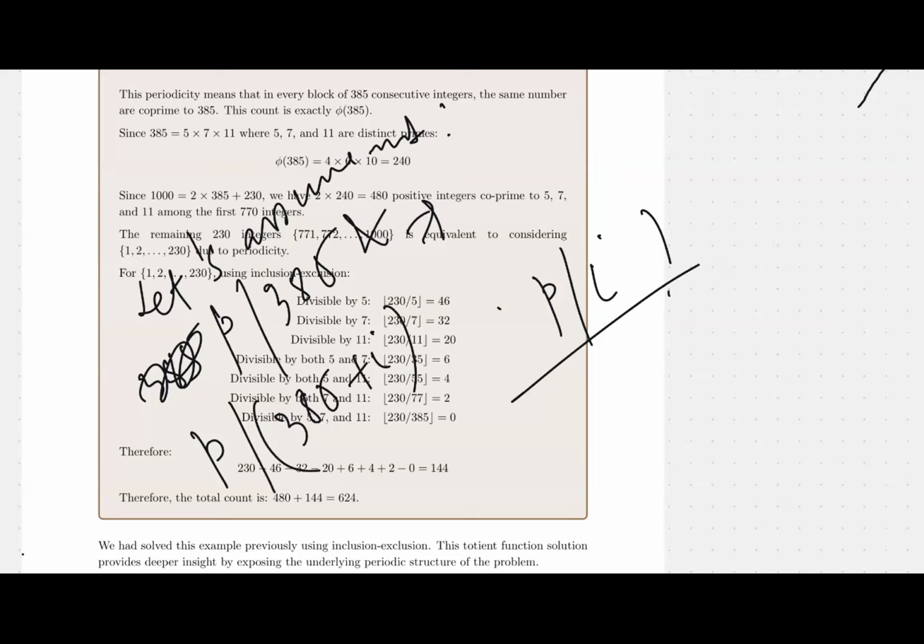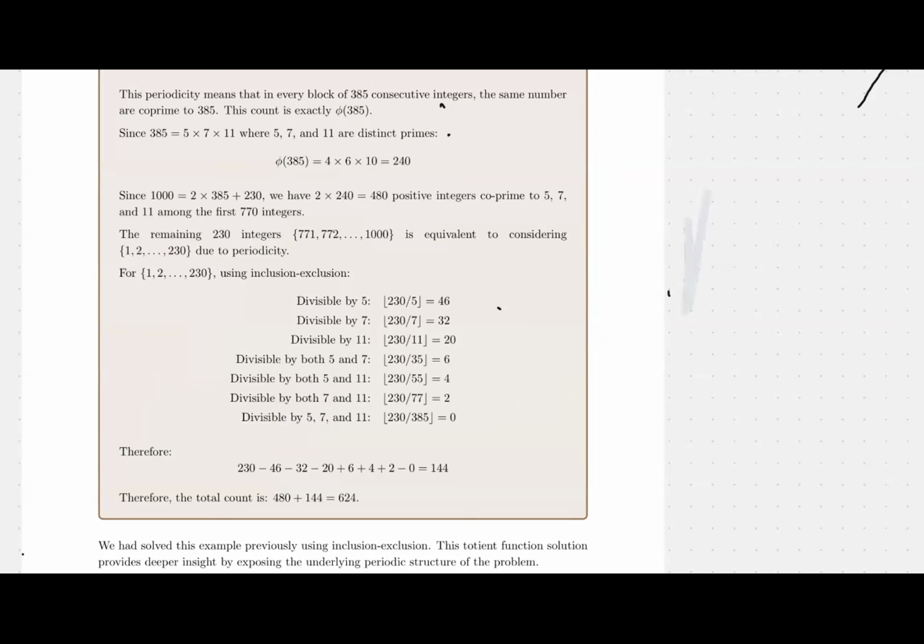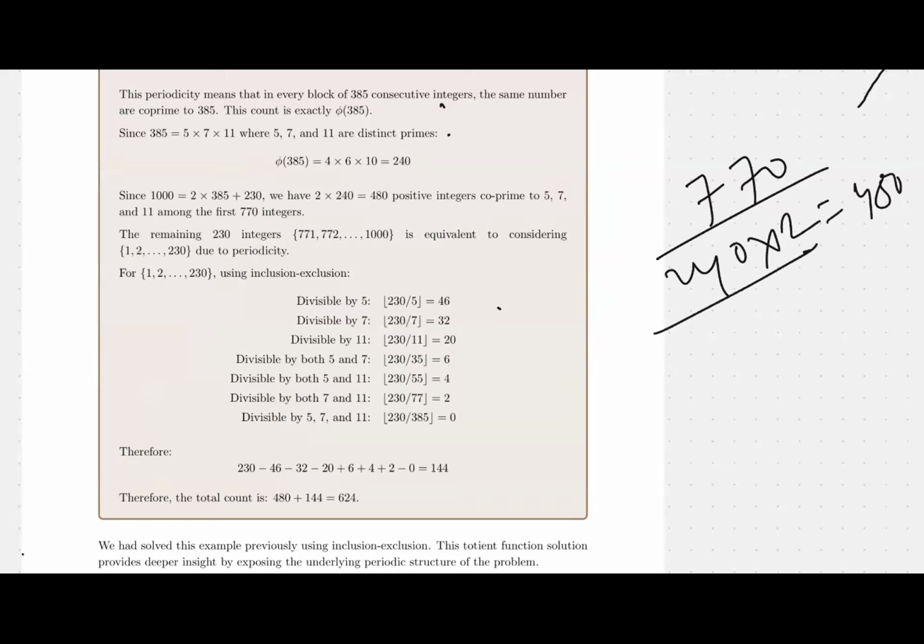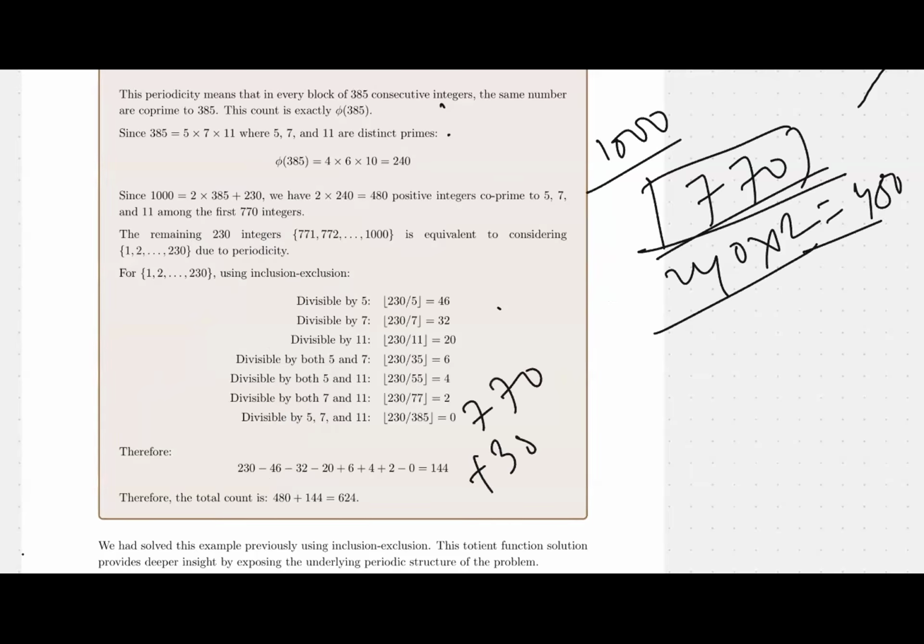So now you don't have to calculate this. So now you know that up to 770, 240 times 2 are co-primes, which is 480. Okay. It would be very easy if the number given were 770 and not 1000. The same thing we can do again. 770 plus 385 is 1155.